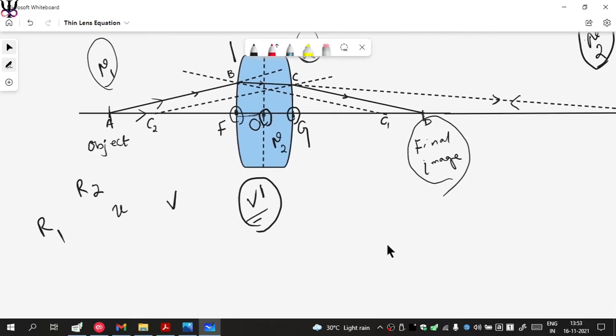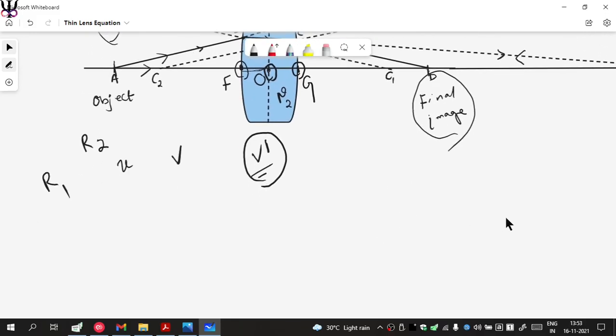Now, for the first refraction at C, we know that for single surface refraction, the equation is mu2 by V minus mu1 by U is equal to (mu2 minus mu1) by R. We have already derived that equation.